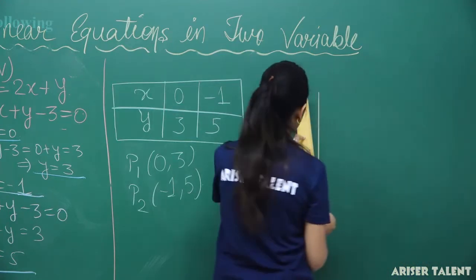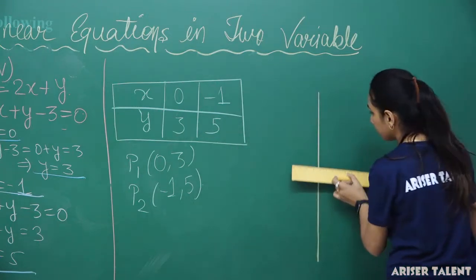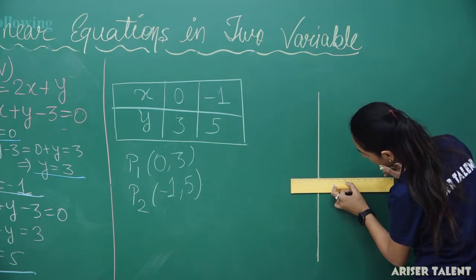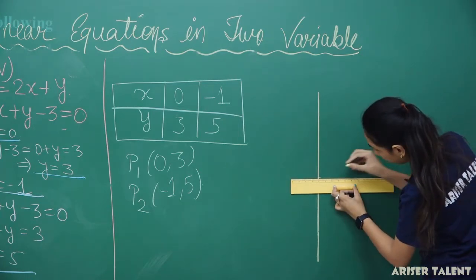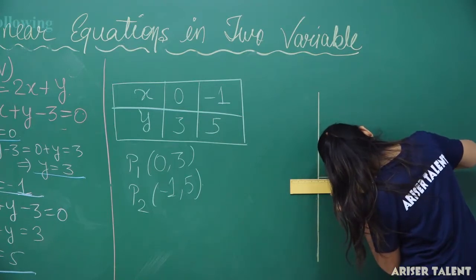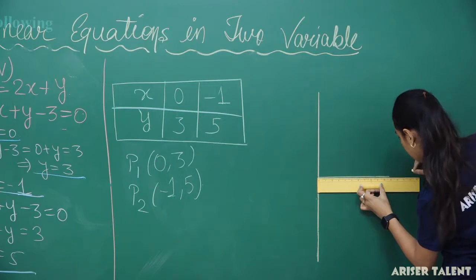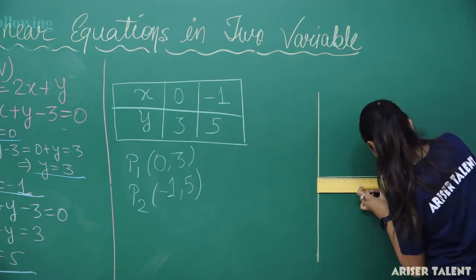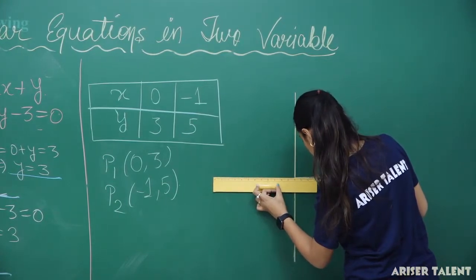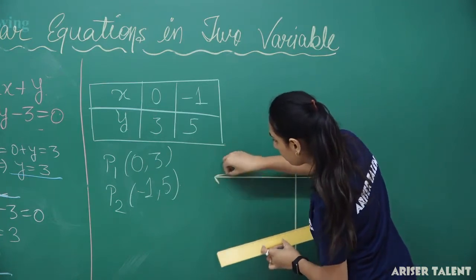Okay, so this is the line and the midpoint is here, right? So this is the x-axis, X'OX, right?